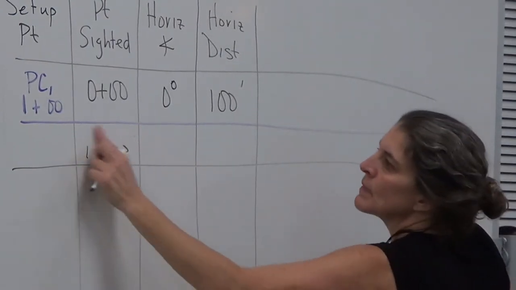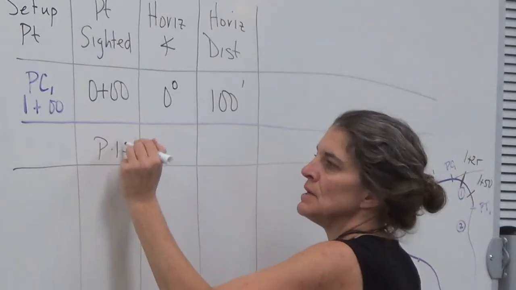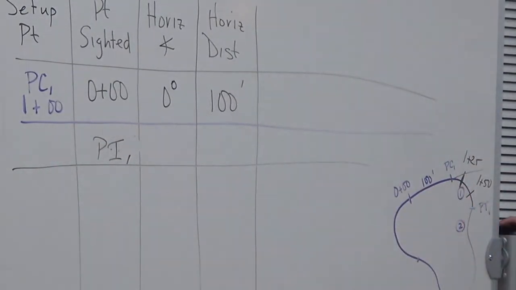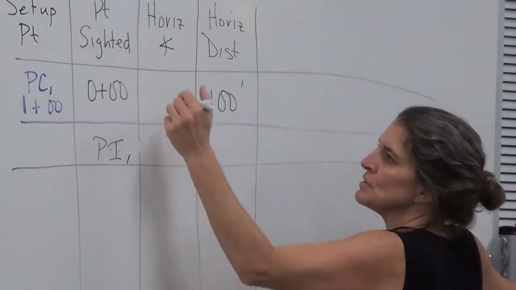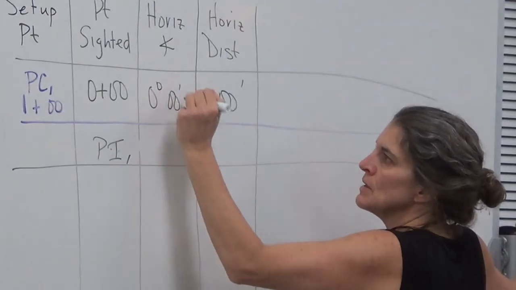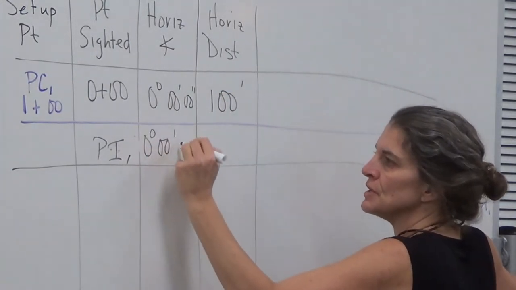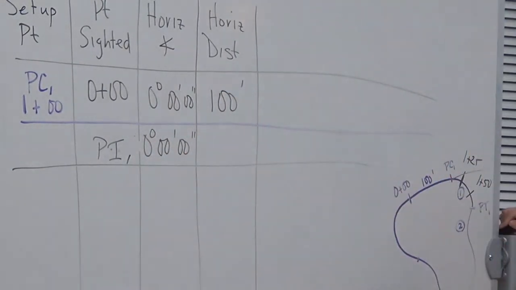PI1. I'm citing PI1, and I should not just put 0 degrees. And now I'm going to turn this to be 0 degrees. Does everybody agree? And what's the distance to that PI? I don't really care where the PI exactly is.